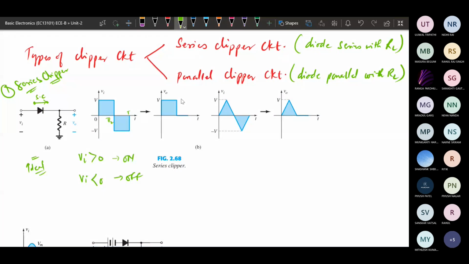Is it clear? Similarly, in the negative half, we apply an input voltage that is less than 0. If it is less than 0, that means the diode will be off, and in the off case the diode behaves like an open circuit.